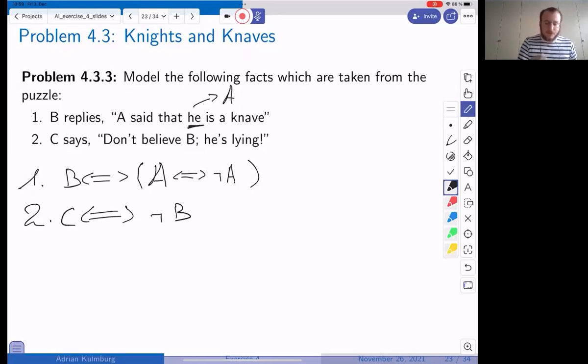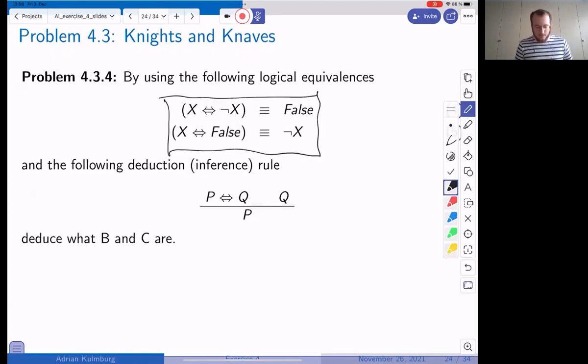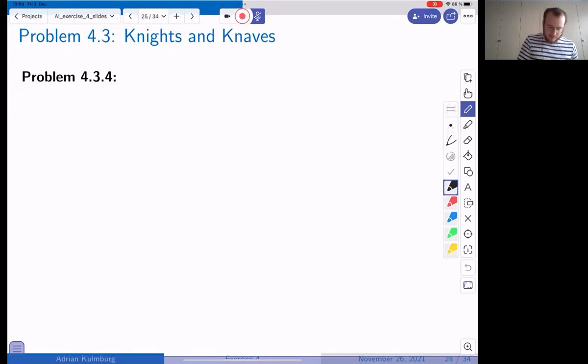And now we're going to use those two sentences to determine what is B and what is C. And what we are allowed to use are those two little logical equivalences that we're going to use in a minute, and also the following inference rule.